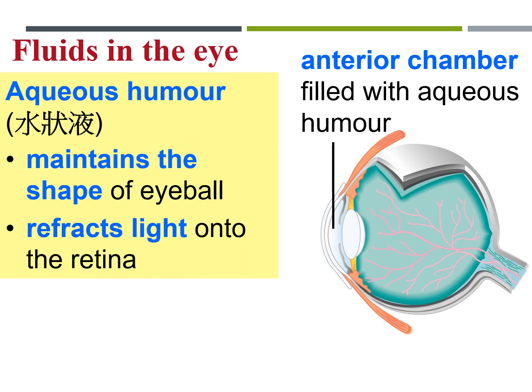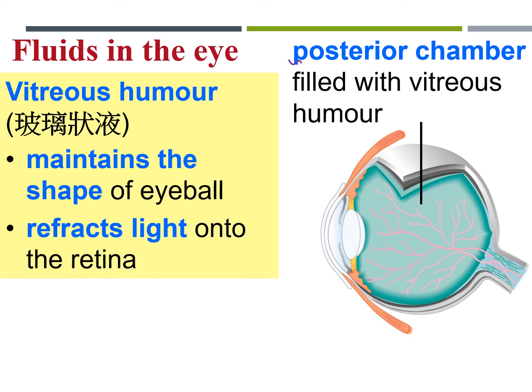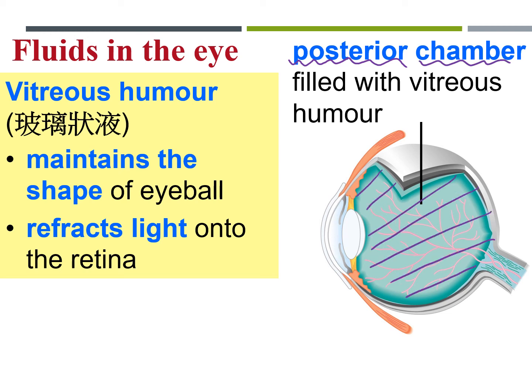Not only can the aqueous humor provide nutrients and oxygen, it also maintains the shape of the eyeball. It maintains the shape of the anterior chamber, the chamber at the front. And this aqueous humor is also colorless. It helps to refract light onto the retina, 折射光. On the back side of the eye, that is the posterior chamber, which is the very big part behind the lens.